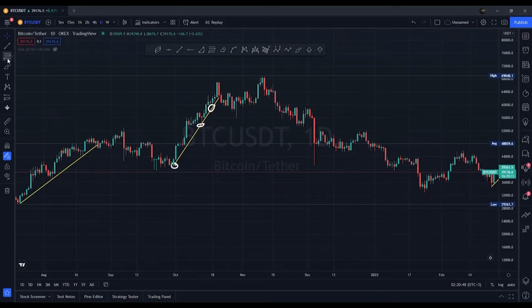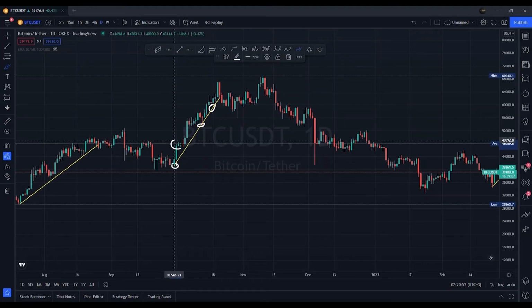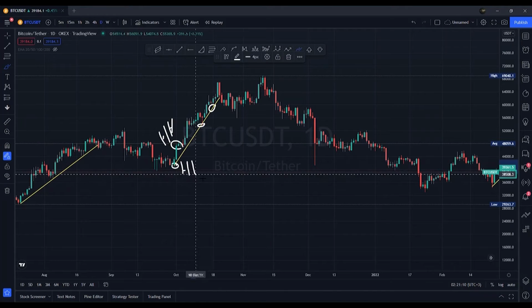We are going to use this one. Look at this point, okay, and this point. This point in our uptrend line is called higher high, and this lower swing is called higher low.